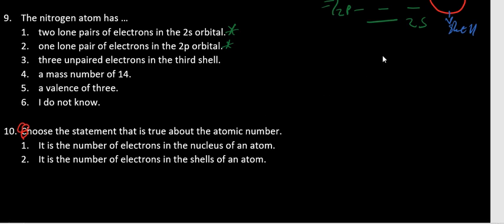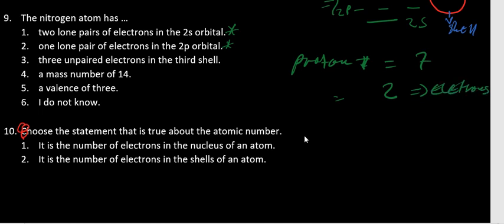Okay, let's pick up the proton number. So the proton number is simply 7. So we know that the first shell is going to have 2 electrons, isn't it? Yeah, we get that. Then from there, we are remaining with 5, right? So 5, this one is going to be that one, like that, for the s orbital.